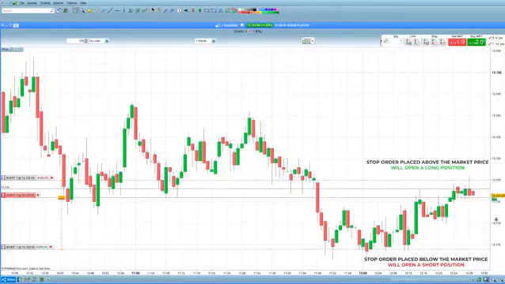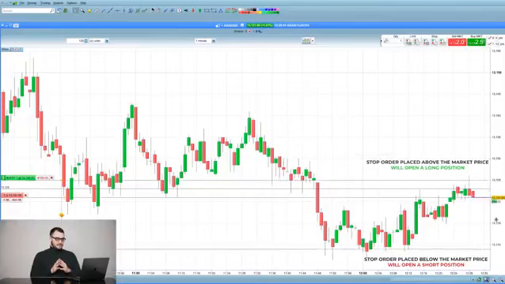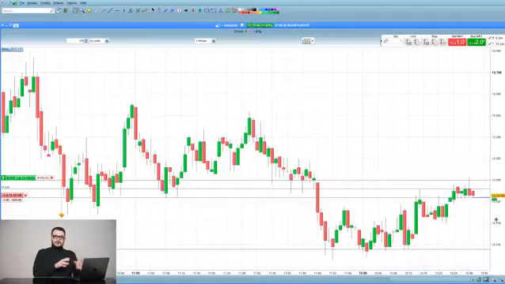And there you go, we just opened a position for falling, a short position, with a stop order. So there were two steps to this order compared to the limit order. The limit order is executed right away, but the stop order is first converted into the market order and then executed. And that's pretty much the difference.